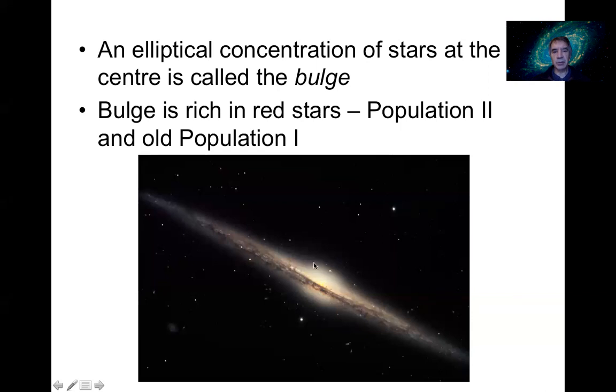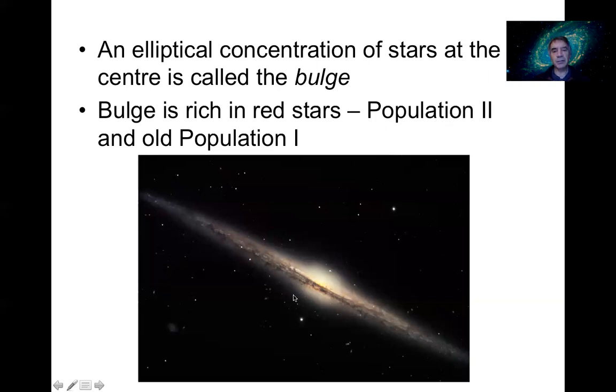So the bulge is more of an elliptical structure, centered around the very center of the galaxy, whereas the disk, which contains the spiral arms, rotates about the center of the galaxy but is much more of a planar structure and not a three-dimensional structure. So this bulge is basically full of old stars. These are the population 2 stars.